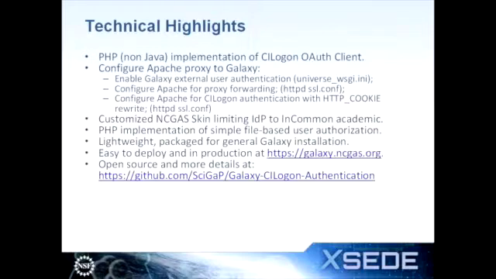So all the OpenID providers will be eliminated. And then we also had a simple PHP implementation for file-based user authorization. It's just a couple of lines in the PHP program. This implementation is pretty lightweight, and we have packaged it for the general Galaxy installation. It's currently deployed and in production at the NCGAS Galaxy main page. The more detailed code can be found on GitHub at this URL.